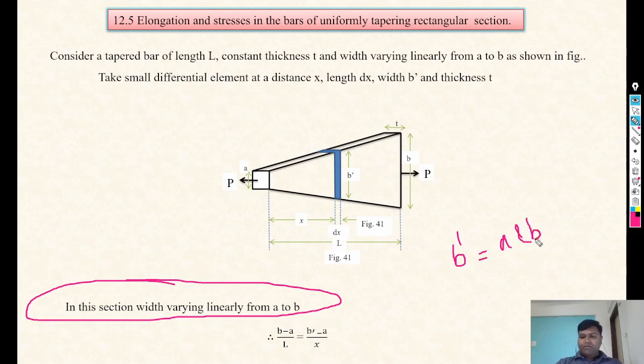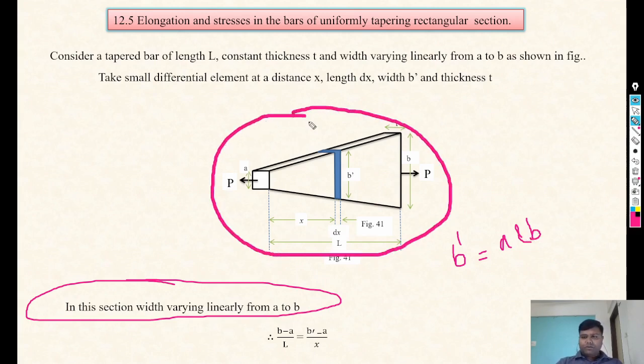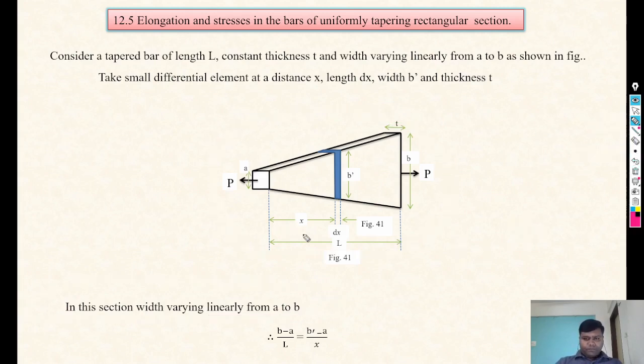For that, first we will focus on the overall section: maximum width minus minimum width, that is b minus a, divided by the length of the total bar.